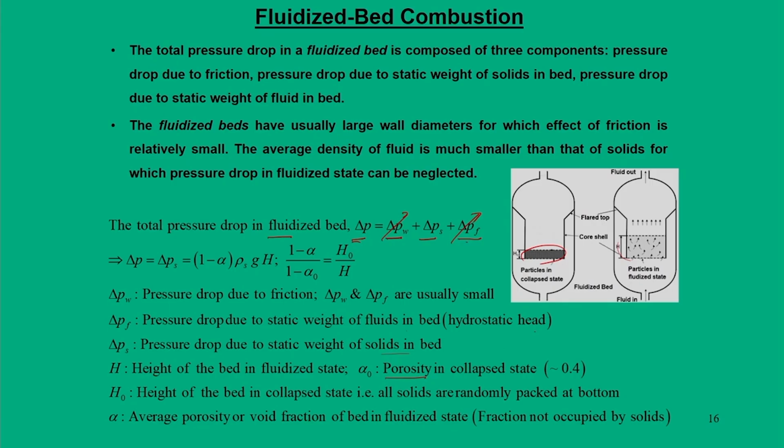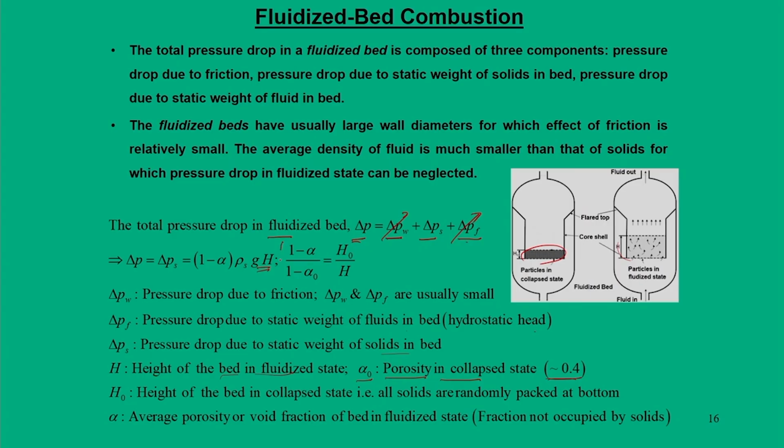So, that void part also has to be taken into account while calculating h, that is, the height of the fluidized bed. When they are in the collapsed state, we call the porosity alpha 0, which is in the order of 0.4. Now, when they are in the fluidized state, this value goes up.